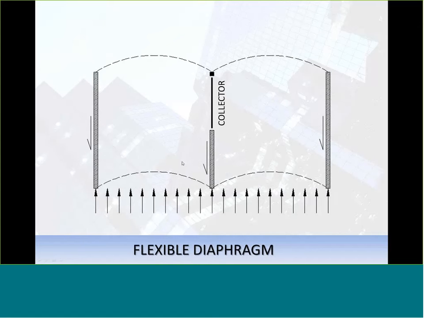Now, for a flexible diaphragm, we can see the same configuration with the same collector element and the same half wall length in the center. For a flexible diaphragm, it really is just basing it right off of the tributary area. So we still see the same information listed as when we had a full wall. Now we're going to get that tributary area distributed to the collector and the wall elements themselves.